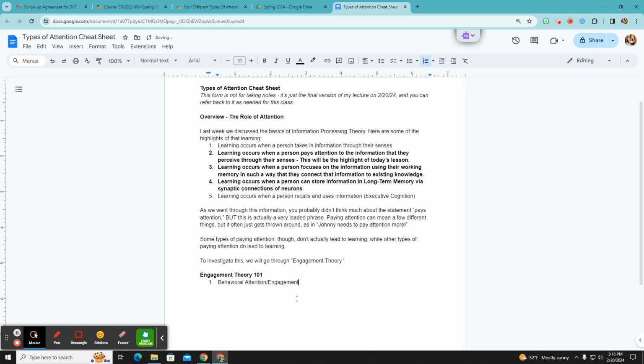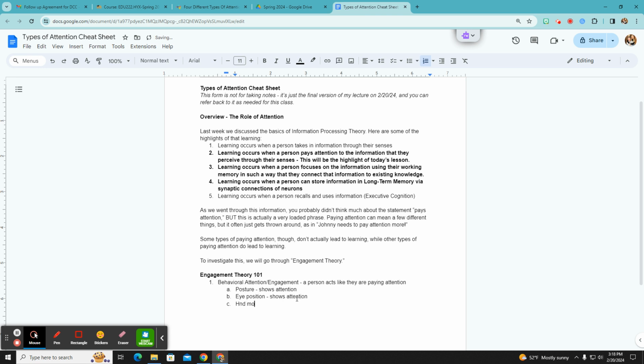And this simply means a person acts like they are paying attention. This includes things like posture. Posture shows attention. Eye positioning shows attention.